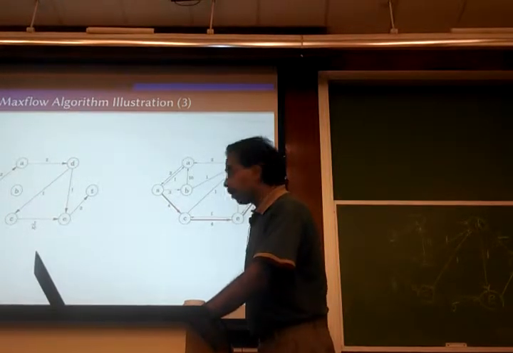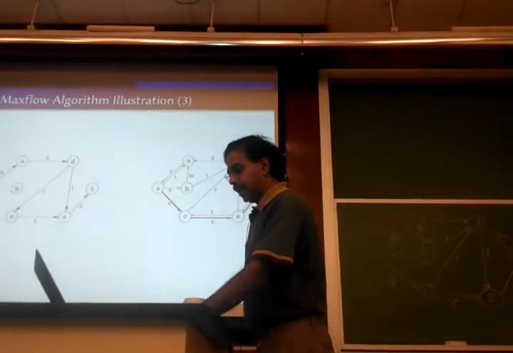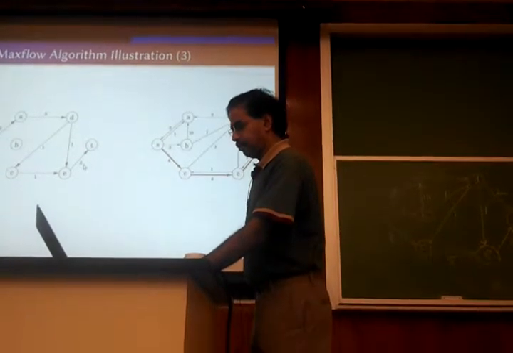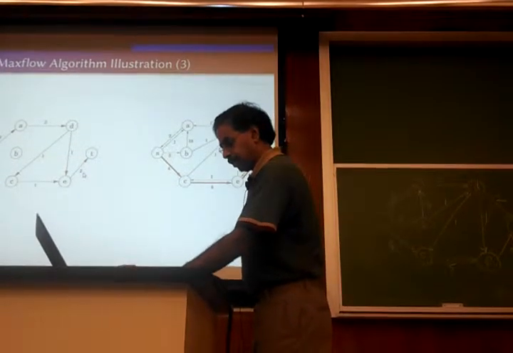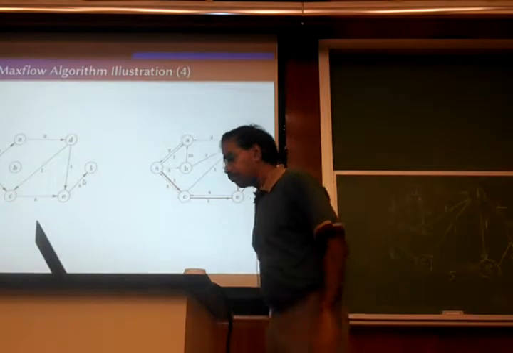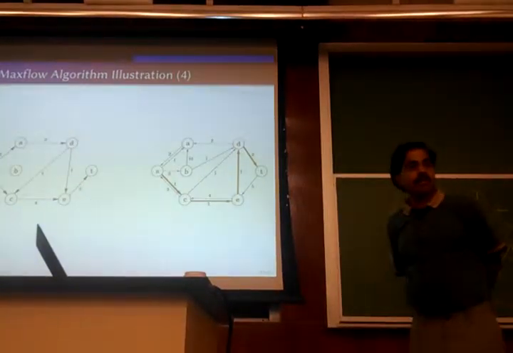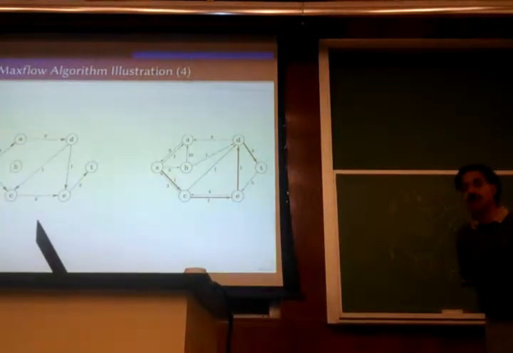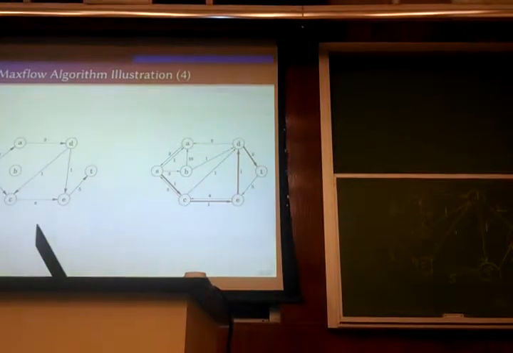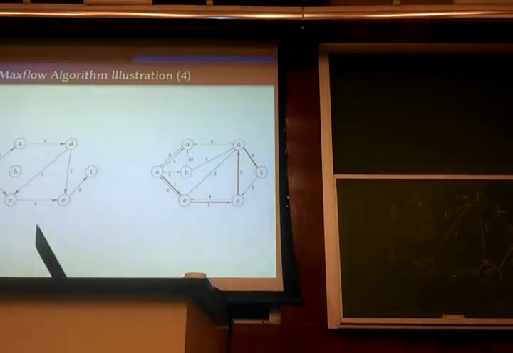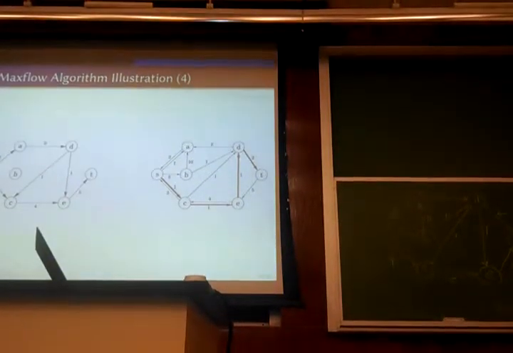This will become 4, and this will become 5. Okay? So that's the change that happened. So the rest of the paths on the left remain the same, the rest of the edges remain the same. Those 3 edges were incremented by 3. Okay?